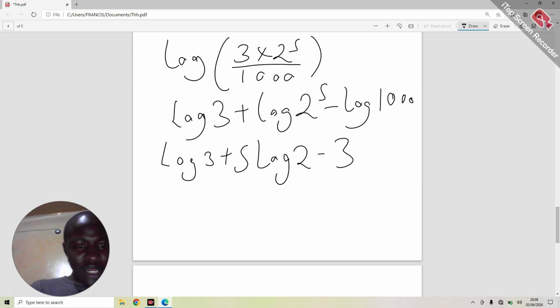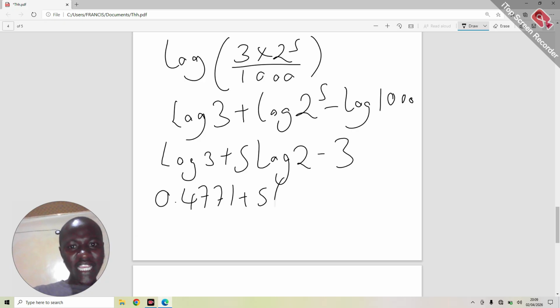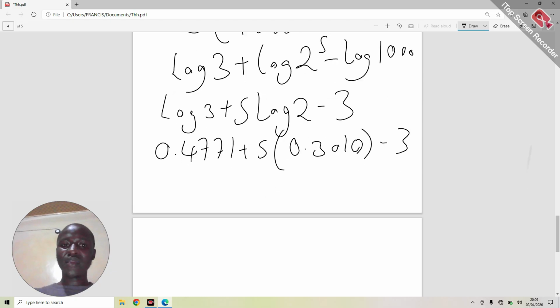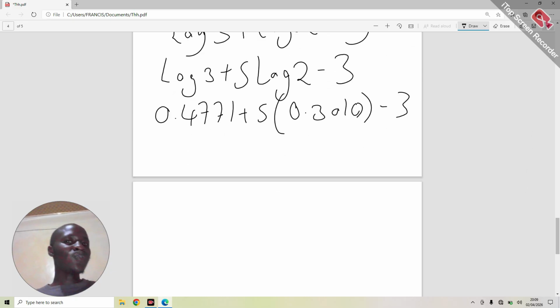Log 3 there was 0.4771 plus 5 into bracket. Inserting a bracket is something that should not scare you. Now, log 2 is 0.3010 minus 3. Punch this in your calculator, you'll have the answer.